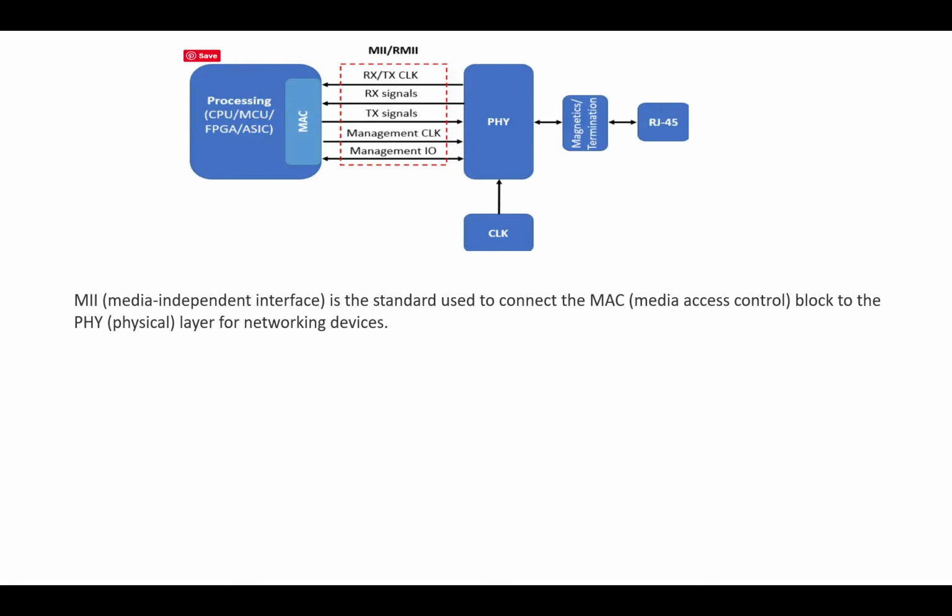So even though we change this physical layer, the media independent interface will make sure that the transmission is happening smoothly between the MAC and the physical layer without any interruption. This media independent interface is a standard used to connect the MAC and the physical layer. That is one thing we need to configure at the Ethernet driver level. So this is done.